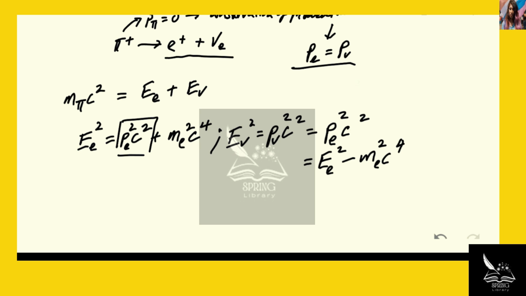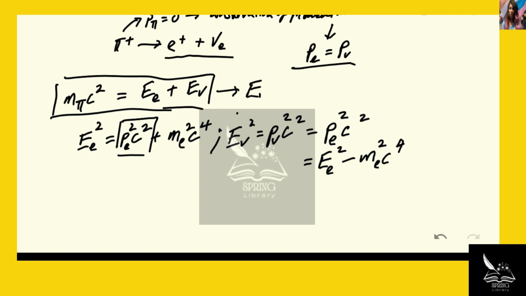And from here, what we can do is utilize the energy conservation law to substitute for the neutrino energy squared. We know that the neutrino energy is the pion rest energy, m pi c squared, minus the energy of the electron. So squaring this, it must be squared as well.